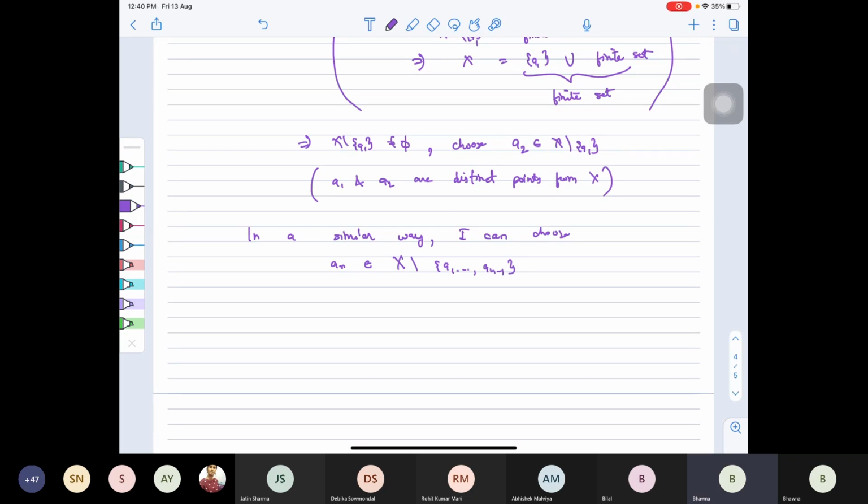So if I take E to be A1, A2, and so on, all such points Ai, then E is a subset of X definitely, and E is countable.